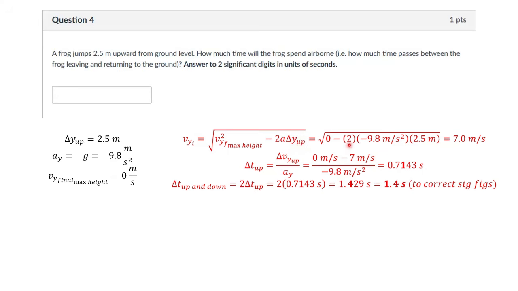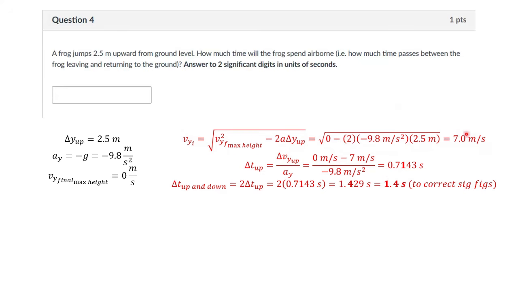So 2 times a, which is negative 9.8 meters per second squared, since we're in free fall, and 2.5 meters was our displacement from ground level up to our maximum height. Negatives cancel. This ends up being 49 underneath the root. Square root of 49 is 7. That means we must have had an initial y component of velocity equal to 7 meters per second.